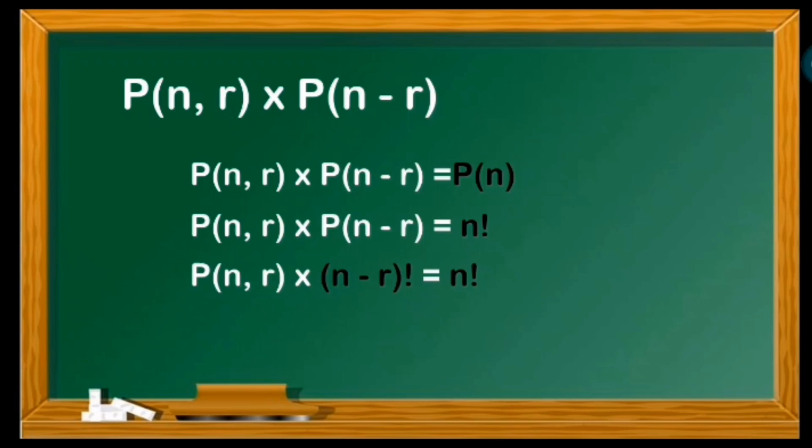Just copy, then divide both sides by (n-r) factorial for the P(n, r) to remain on the left side. So the final formula is P(n, r) is equal to n factorial over (n-r) factorial. So that's our formula for finding the permutation of n objects taken r at a time.